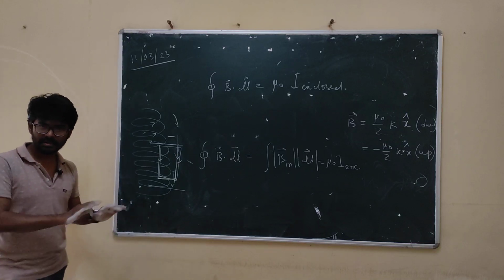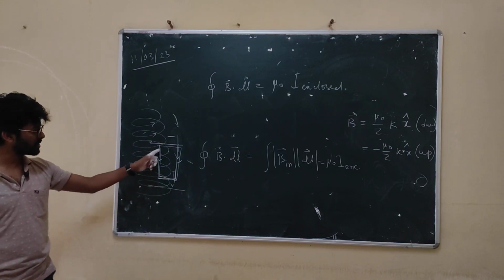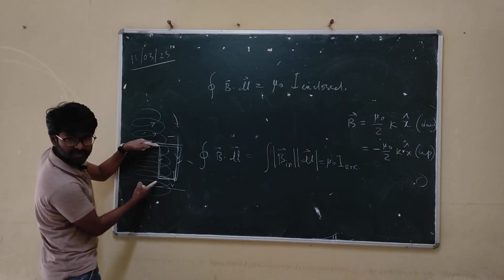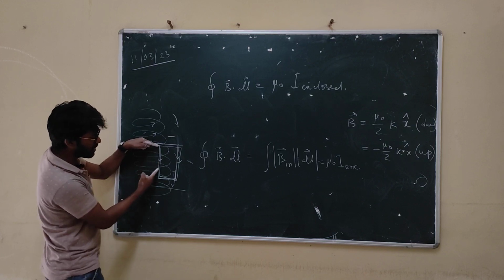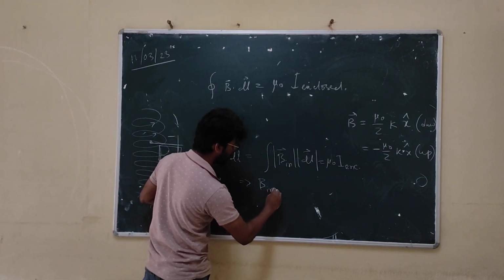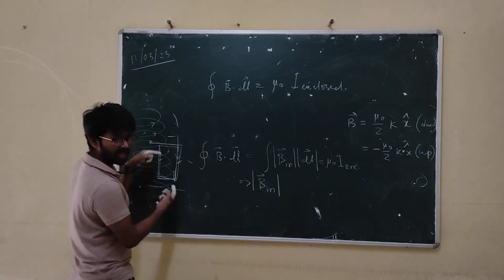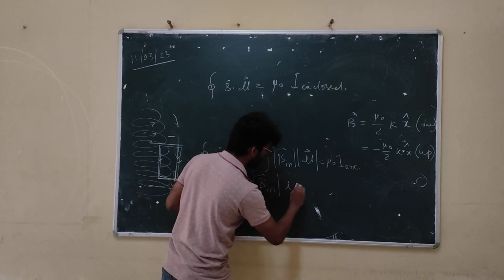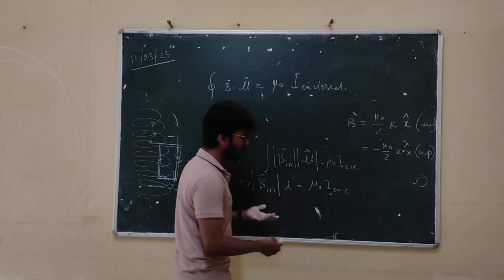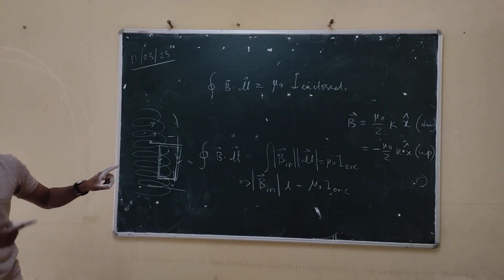Did you understand? Perfectly okay, right? Outside is 0, it does not contribute, just this one inside. Again, this will be constant because of symmetry, whatever here, so we can take it outside the integral and that becomes B inside magnitude, and dl becomes some length L. So B inside L equals mu naught I enclosed. How much is I enclosed? I said that there are n turns per unit length.